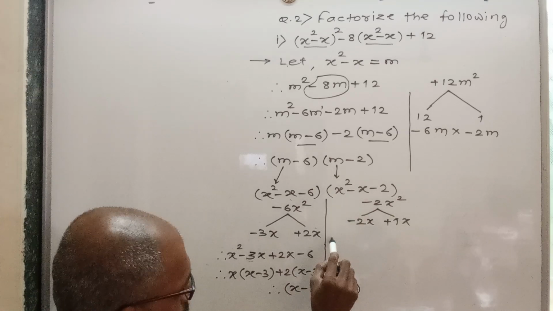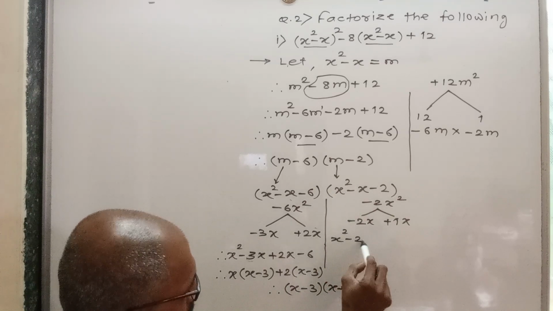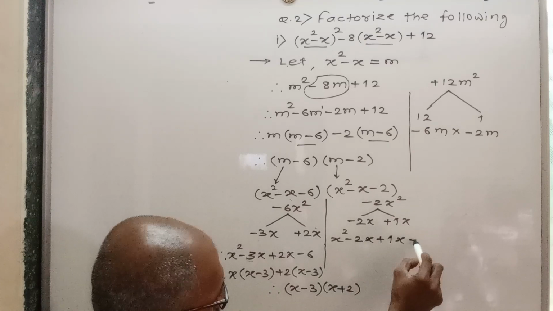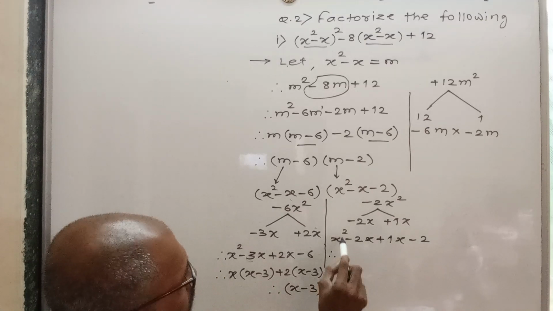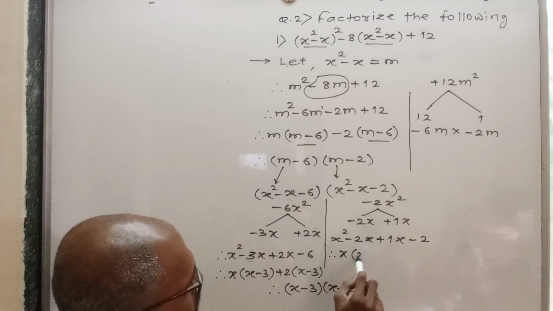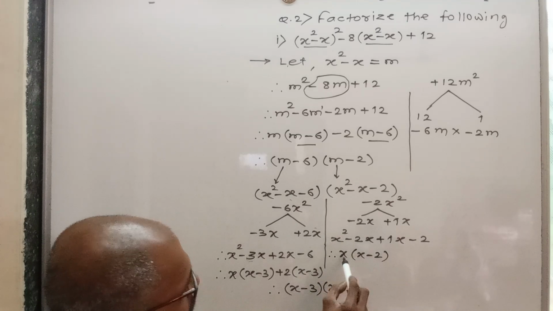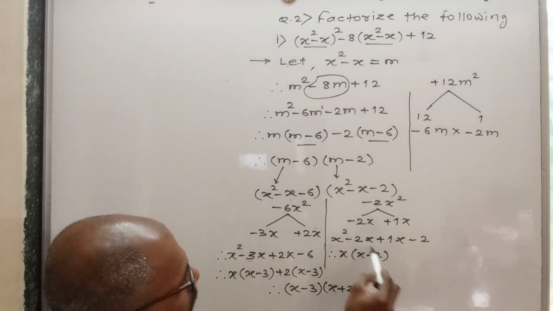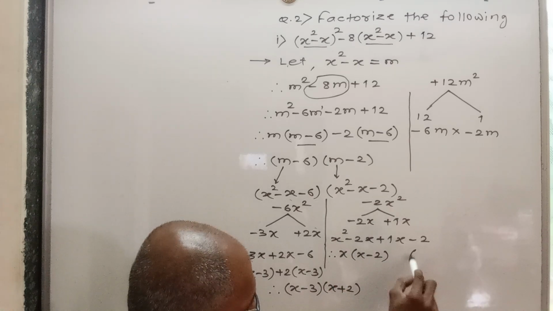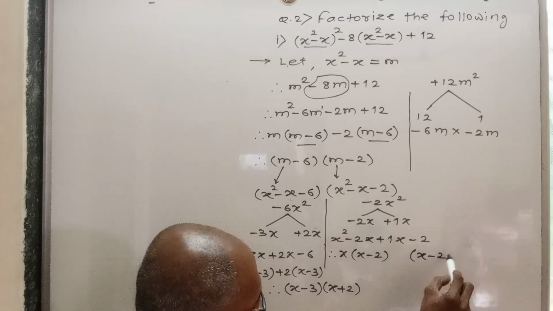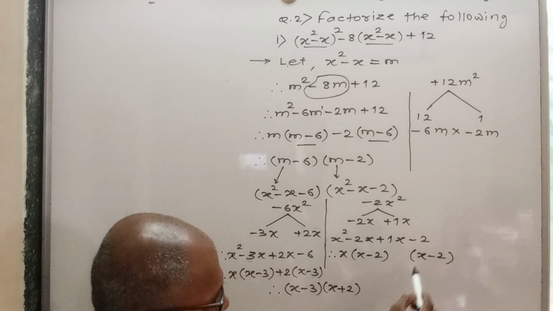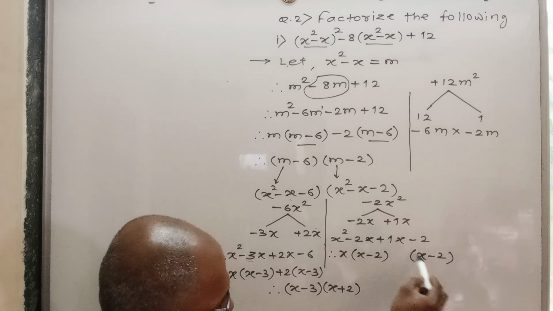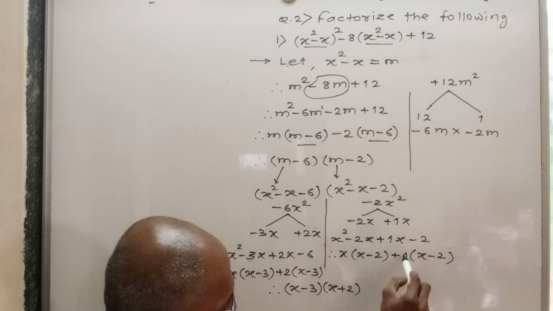Put there x² − 2x + 1x − 2. We take here again x common, therefore x bracket x minus 2. See, x into x is x², x into minus 2 is minus 2x. I told you many times, write the same bracket here. Now plus 1x, here x alone. So what is left? Plus 1.